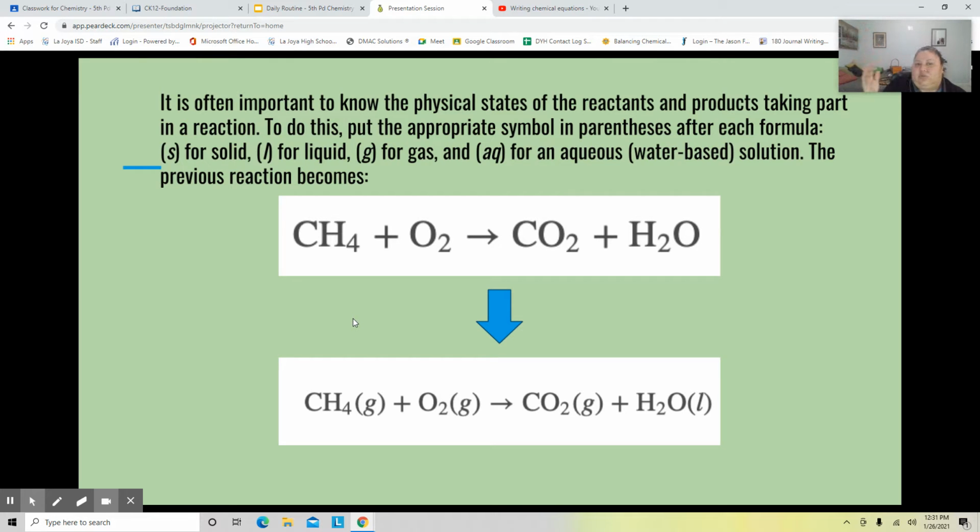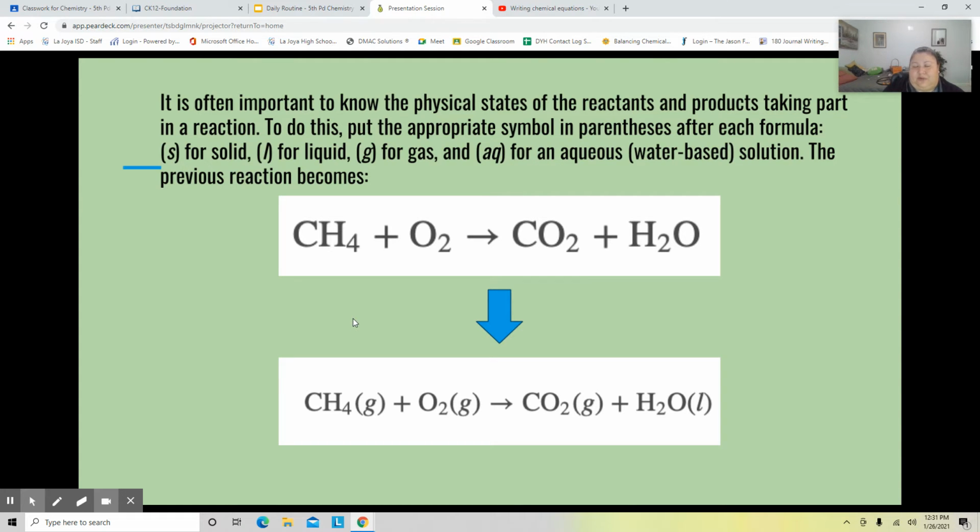If you're running an actual reaction and you know that your reactants are gases, you need to make sure your glassware is able to hold on to that gas and not let it escape. If I let some of that gas escape, it's going to change my results. So you need to know what state your reactants and your products are in so that you don't lose any product or any reactant that's going to change your results.